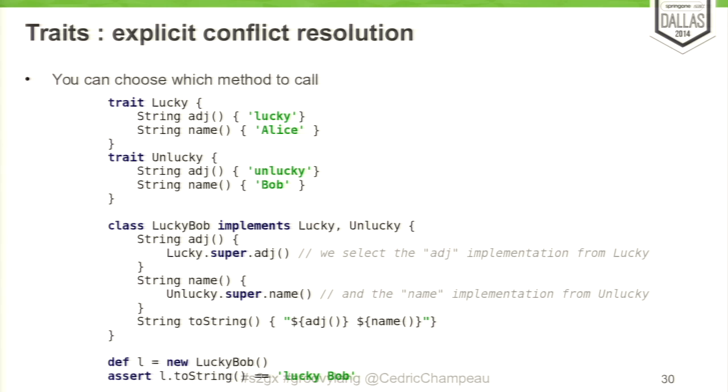So resolving conflicts is optional in Groovy. So you can say, I will actually use the adjective from Lucky and the name from Unlucky. OK? Make sense to you? Excellent.